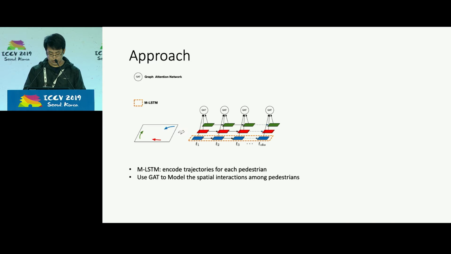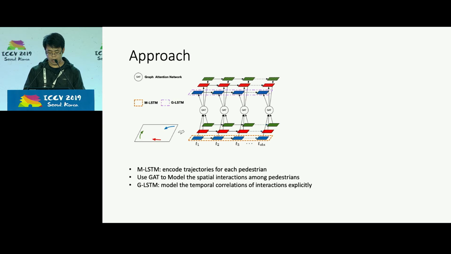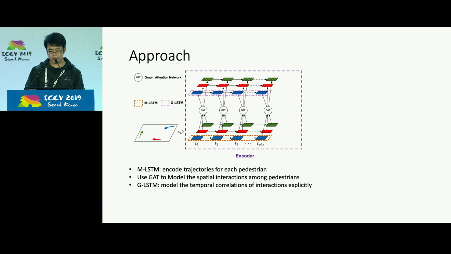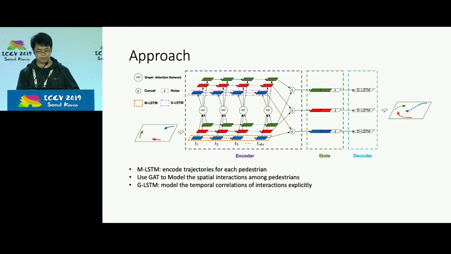And also, another LSTM is adopted to model the temporal continuity of interactions. At the last observation time step, the hidden states of the two types of LSTMs are concatenated and sent to the decoder module for generating future trajectories.